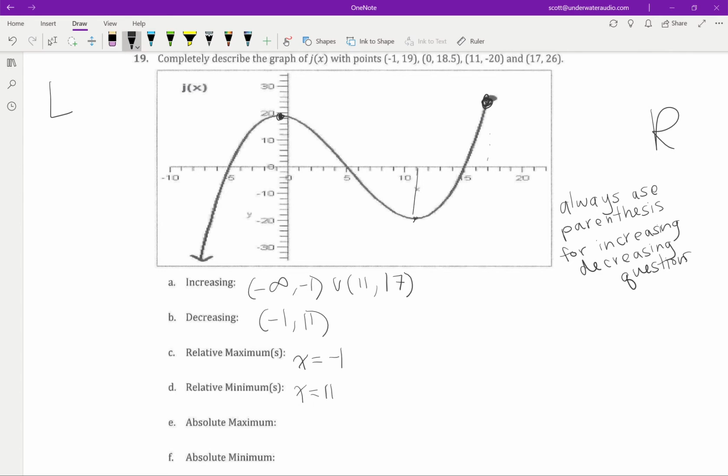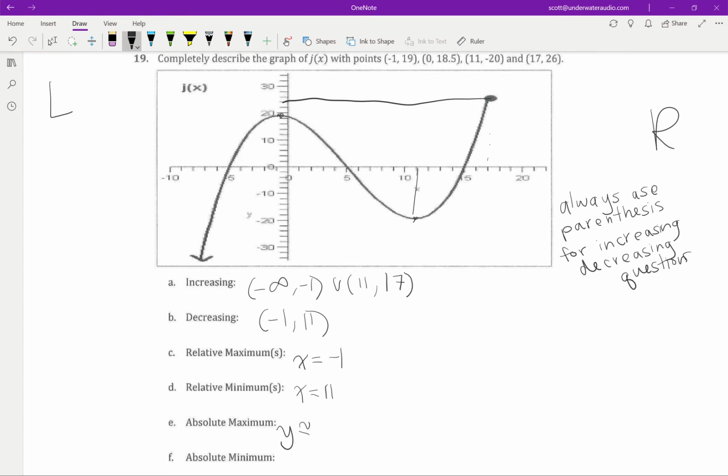Okay, now absolute maximum wise, this part, gotta look really carefully. I think this part is higher. Oh, I didn't draw that well. I think this end bit is higher than this part right here. So I believe the absolute maximum happens at y equals, let's see, we're going to say y equals 24.